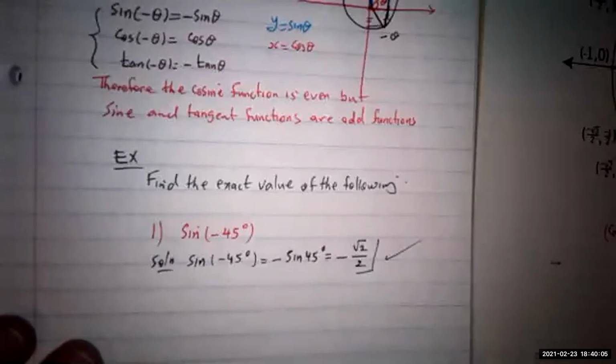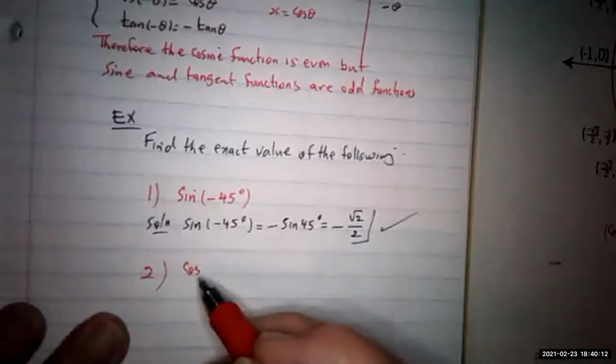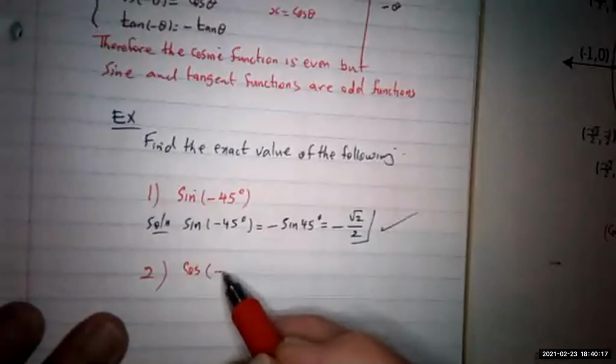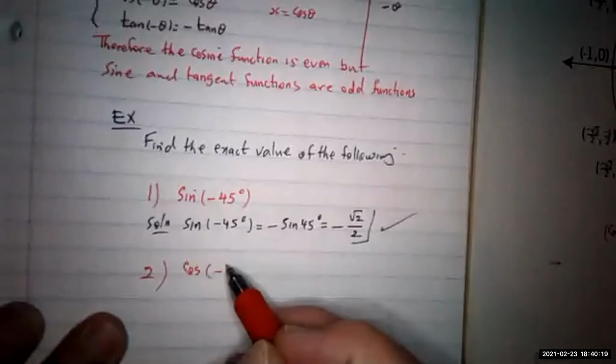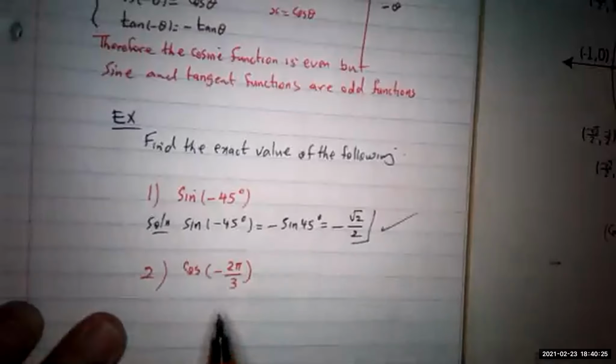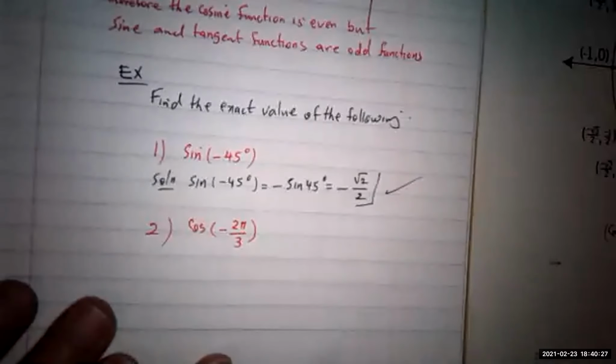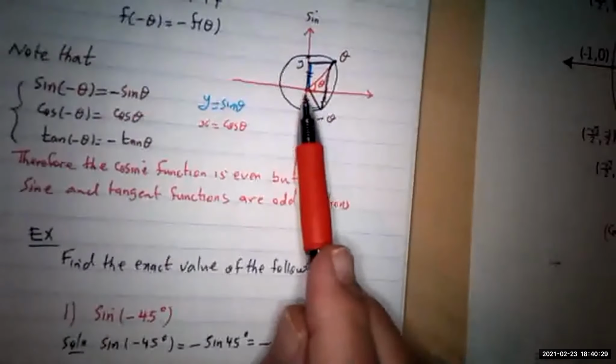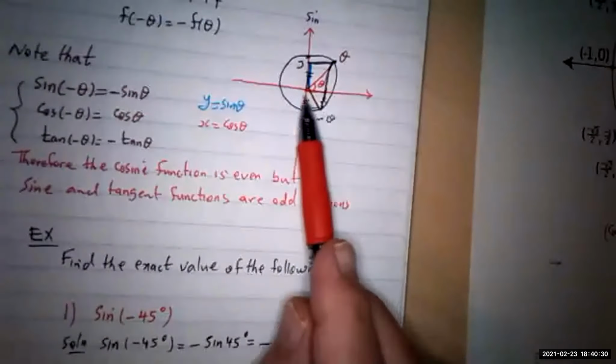Another one, you may be asked, what is the cosine of negative 2 pi third? It's a cosine, so the cosine is going to be the same.